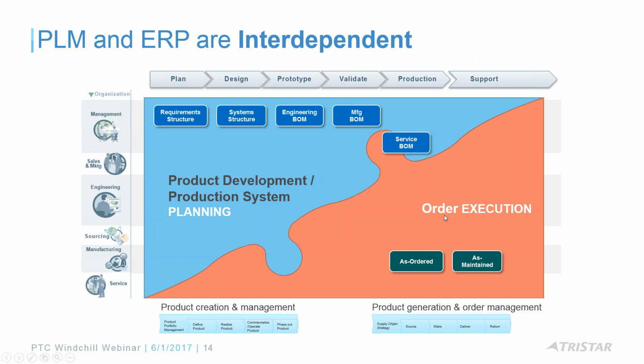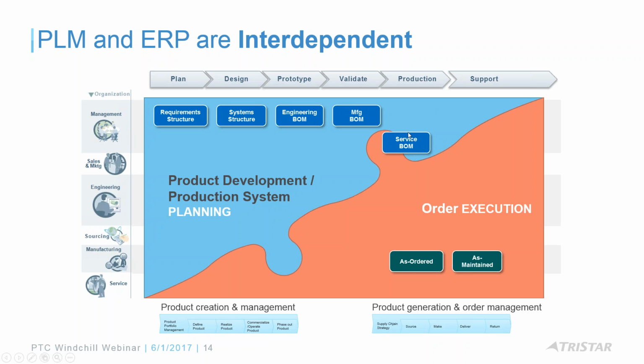And then as the product is sold and the customer is coming back for service, there may be a service BOM. So kits, service items, replacement parts that may be managed as another BOM.